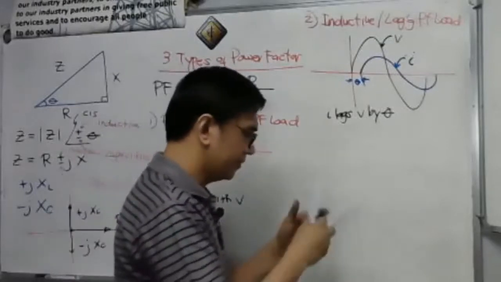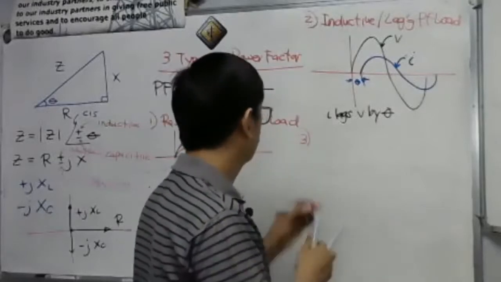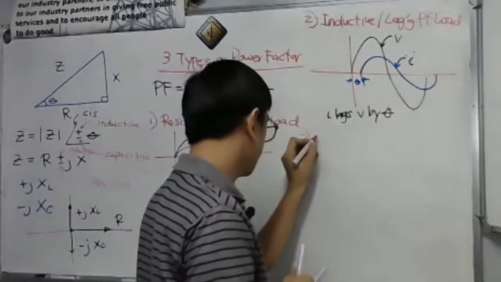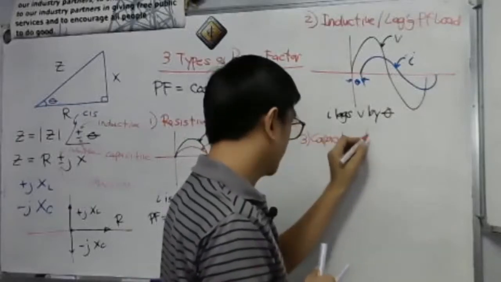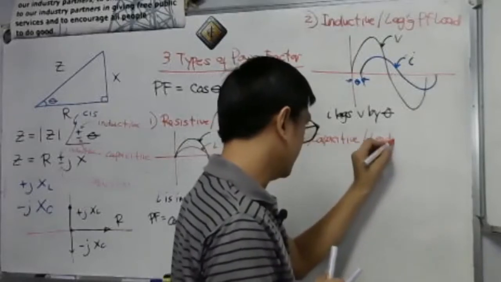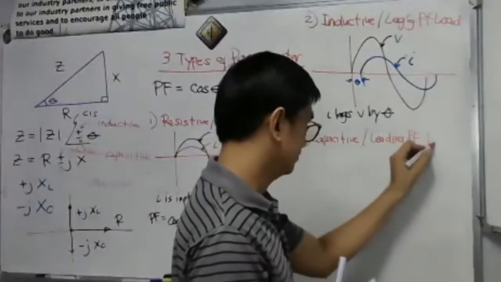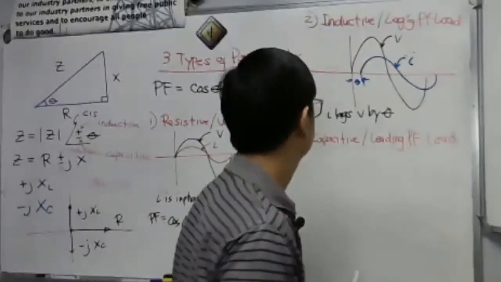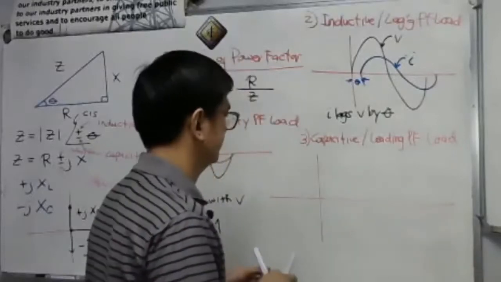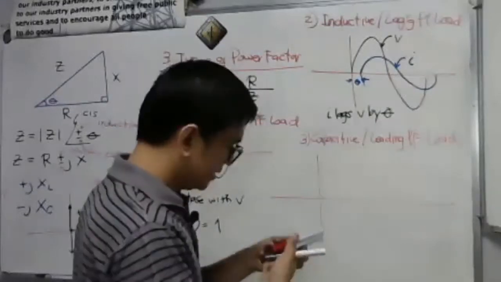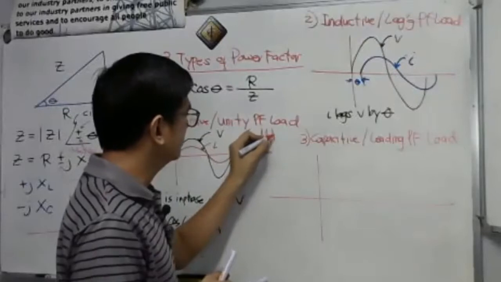Take a look here for capacitive. Let's see the difference between the two. We have here inductive, so this is capacitive, or what we call leading power factor load. Remember, if we have resistive load, of course, you have a very high resistance load.